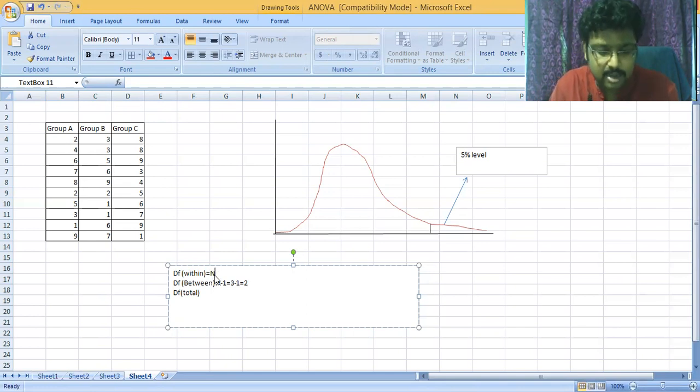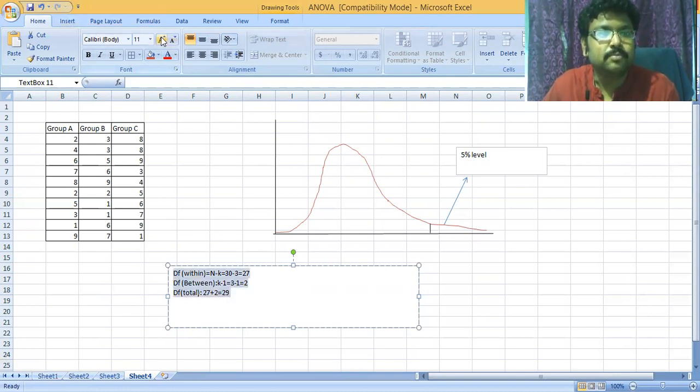So N minus K equal to 30 minus 3, equal to 27. So degrees of freedom within is 27. The total degrees of freedom is 27 plus 2 equal to 29. Clear? So this is the degrees of freedom.